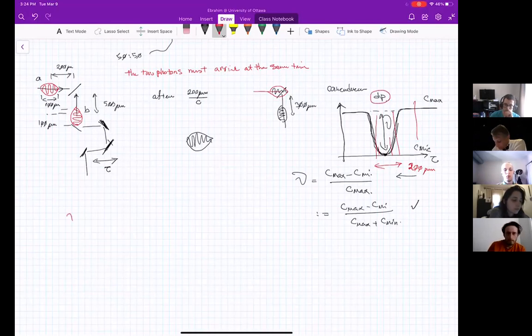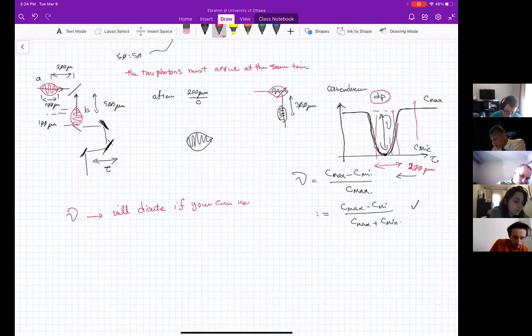So this visibility will dictate if you can use your two photon states or two photon system for a quantum optics or quantum photonics experiment.